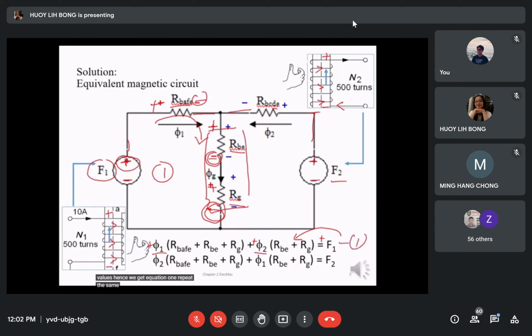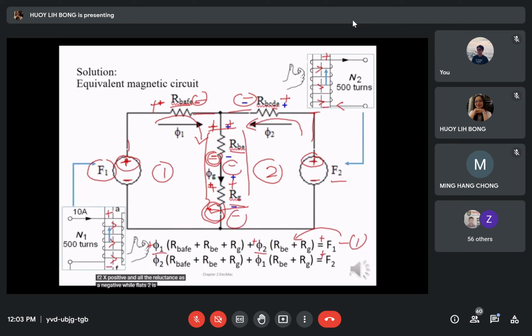Repeat the same method for equation 2 on loop 2. Flux 2 is flowing counterclockwise. Hence, we also can label the reluctance polarity as shown. And it is flowing out from the source F2 as positive and all the reluctances as negative.